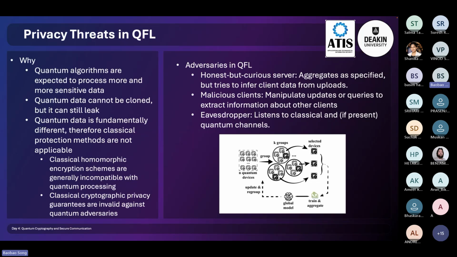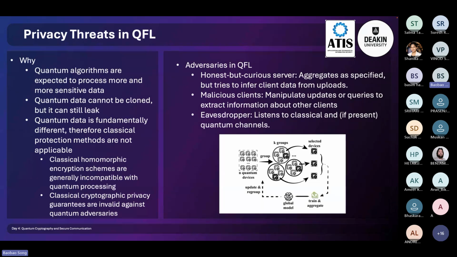This includes some classical encryption schemes or privacy guarantees that cannot be provided for quantum models. Some encryption schemes cannot be applied in quantum models. Some classical methods cannot be applied successfully.